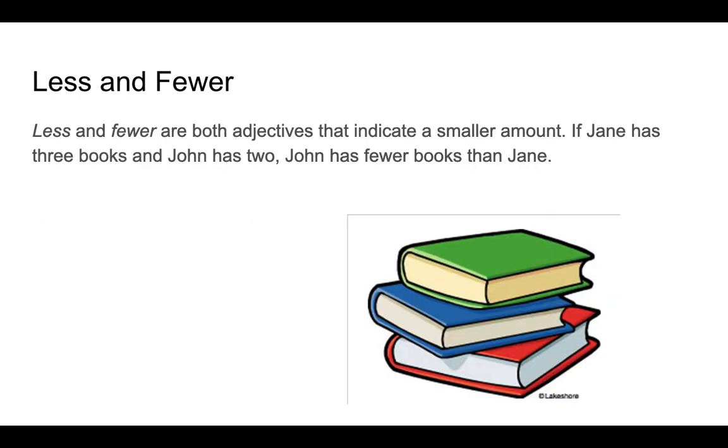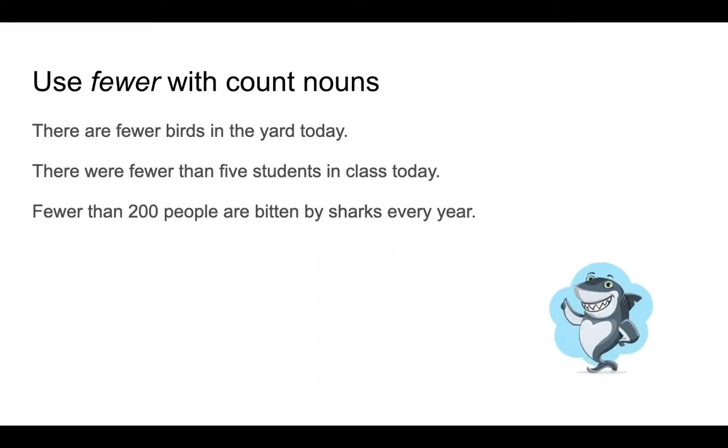And the opposite of those, we have less and fewer. Those are adjectives that indicate smaller amounts. If Jane has 3 books and John has 2, John has fewer books. We're going to use fewer with count nouns. There are fewer birds in the yard today. There were fewer than 5 students in class today.